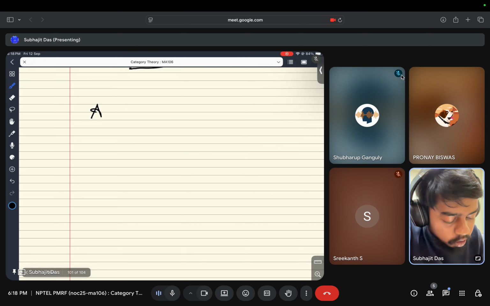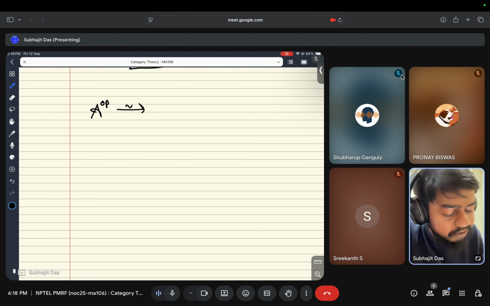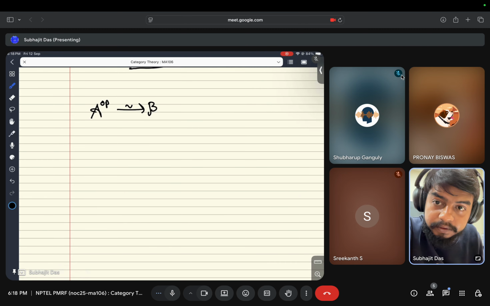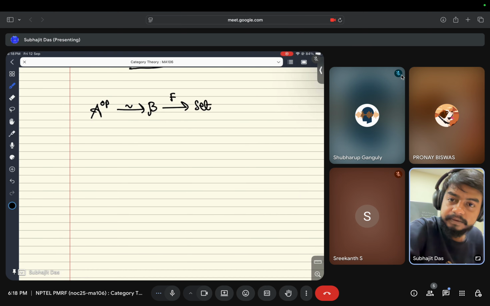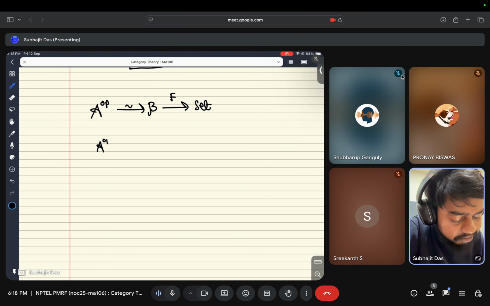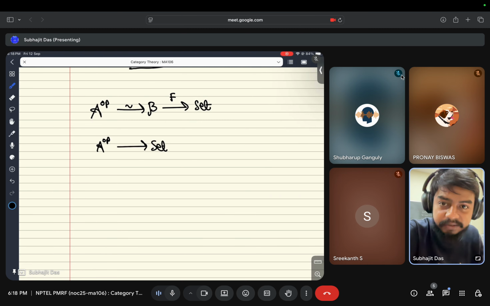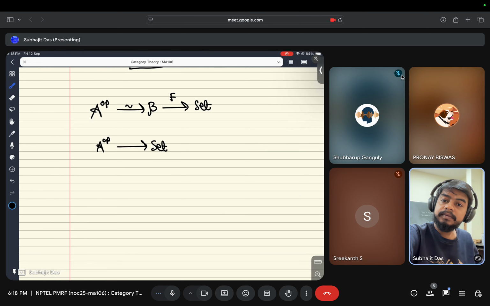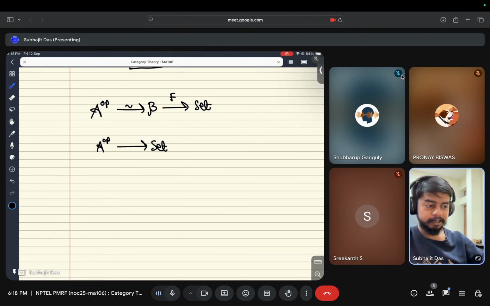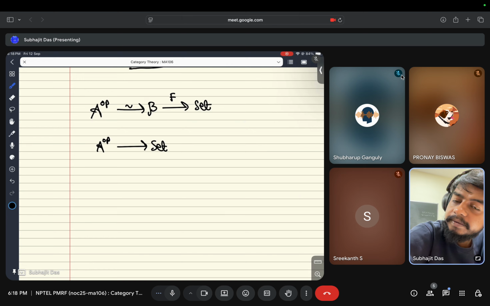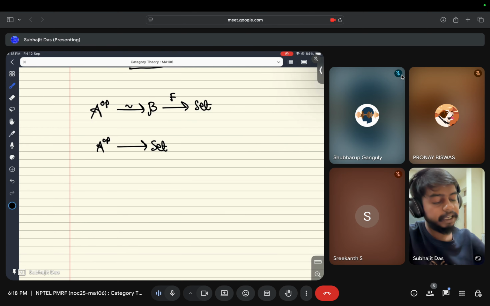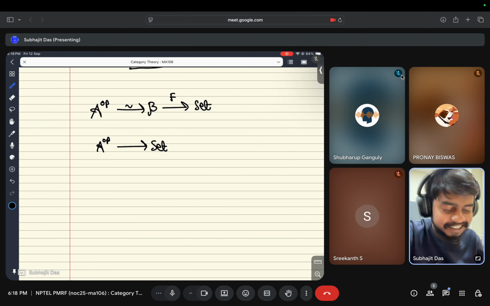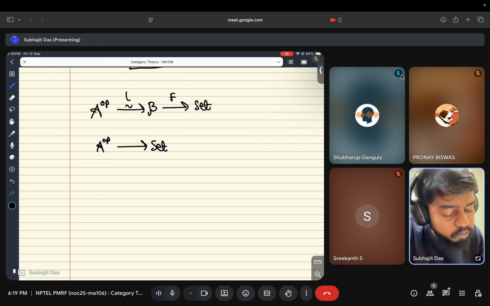So A to B, there is an equivalence of categories, and B to set, there is a functor which is monadic. So what you are asking is, should this composition functor from A to set be monadic as well? Okay, so what do you think? Let's call this equivalence E.